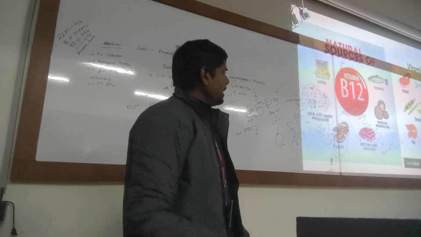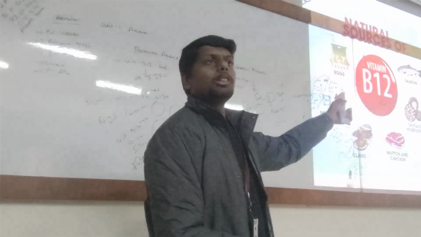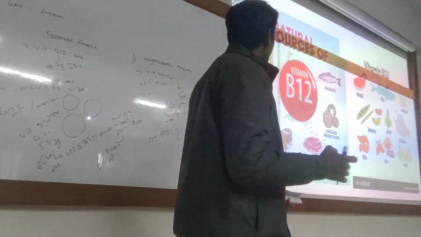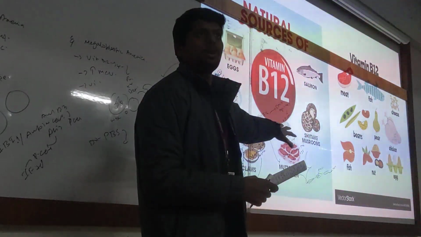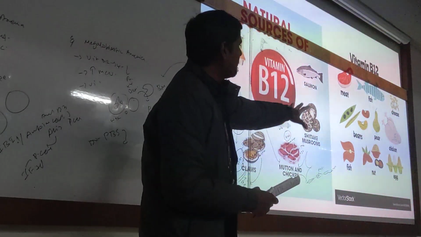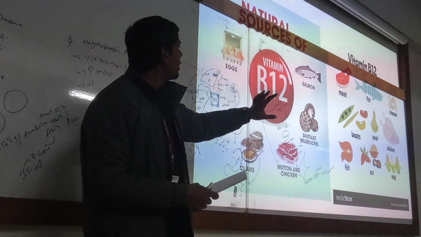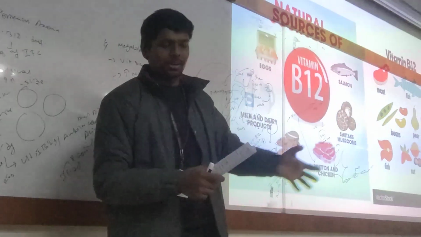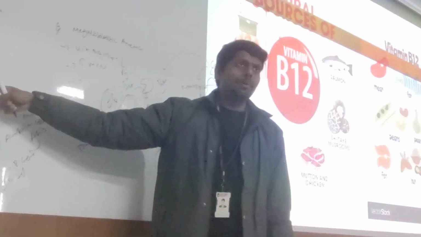Then, what are the natural sources of vitamin B12? A meat diet is rich in B12, whereas in some beans and peas there is also B12. So this is all about the sources and treatment of vitamin B12. Here IF injections will be given.